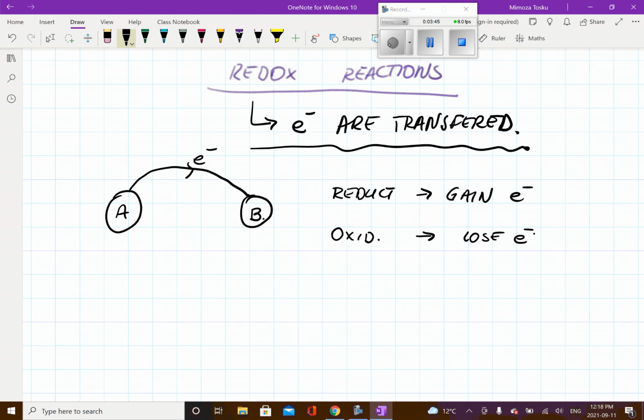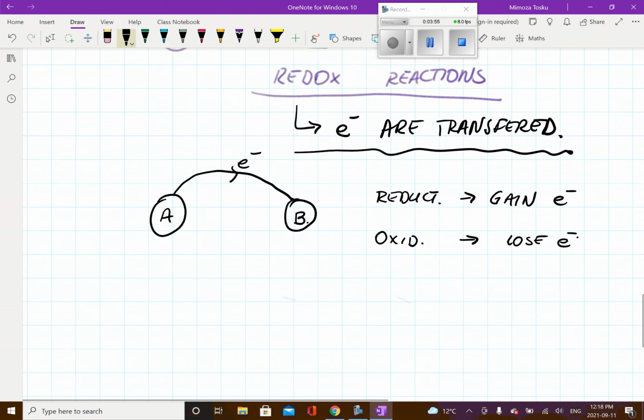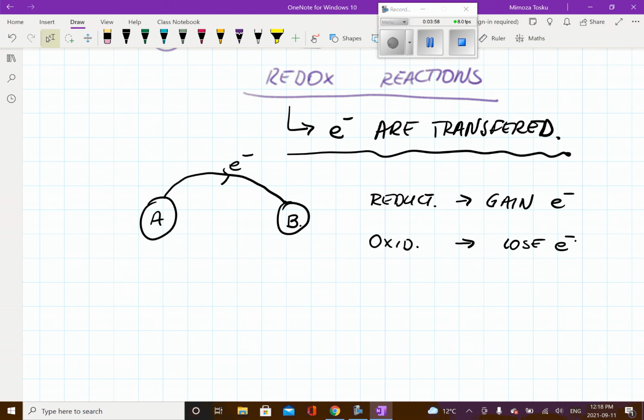This may sound confusing because you are saying it's gaining but it is reduced, and it is losing but it is oxidized. As I mentioned even in the previous video, there are historical reasons why this is happening, and we will touch on some of them in this video and probably in other videos as we move forward into the unit.